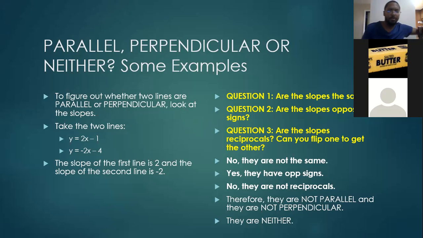For them to be parallel, they would have to be the same. Are they the same? No. One's a +2, the other one's a -2, so they're different. Because they're different, that tells me they're not parallel. The numbers are both twos, but one's positive, one's negative, so they're not the same.